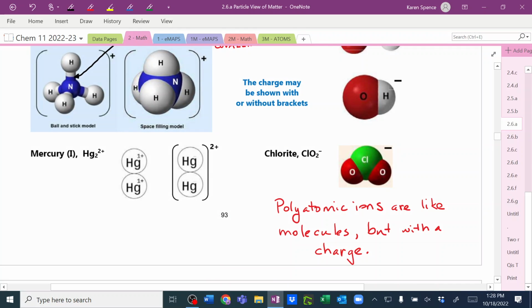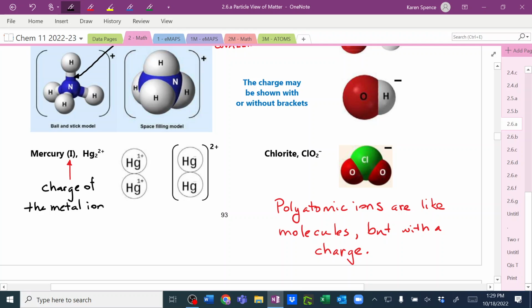Do you guys remember what this Roman numeral means in the brackets? What does a Roman numeral in brackets beside a metal name tell you? It tells you the charge of the metal ion.